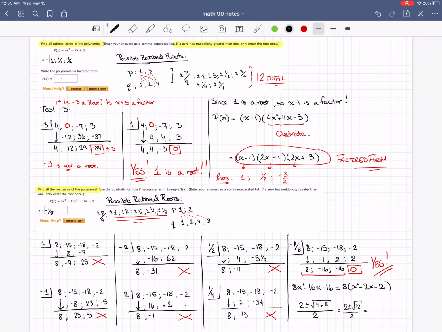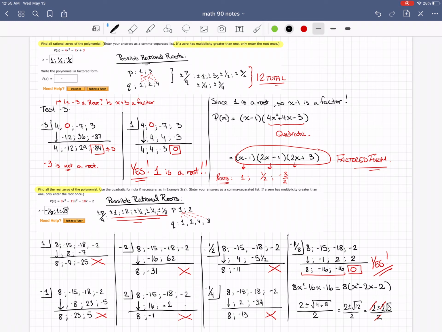Now I'm just going to remind you that you can simplify the square root of 12 because it can be broken up into the square root of 4 times the square root of 3. So we can rewrite this as 2 plus or minus 2 square roots of 3 over 2. And since everything on top has a 2 in it and the bottom has a 2 in it, we can simplify that down. And we end up with 1 plus or minus the square root of 3.